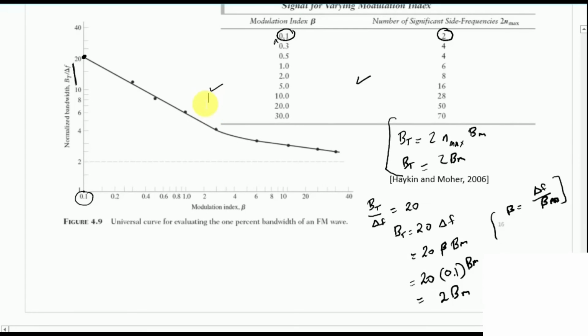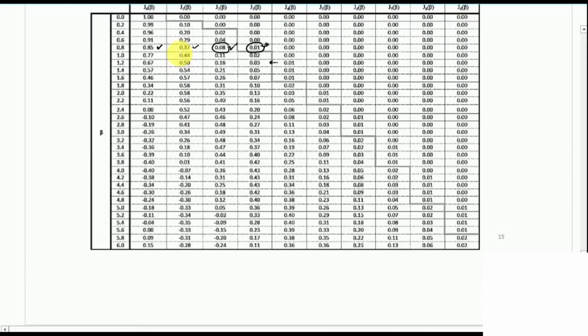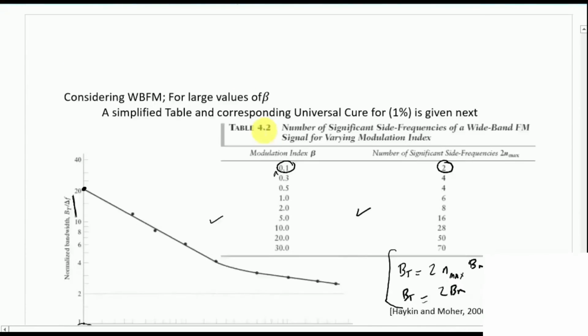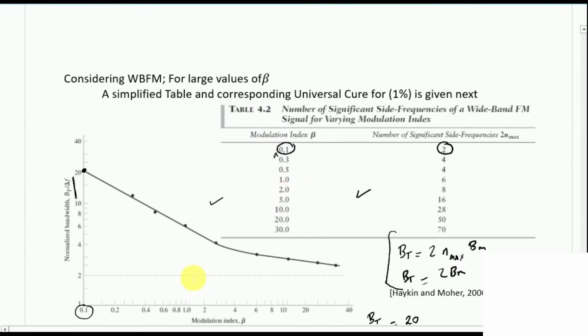Let's pick another value which is available over here, here, and in that table. Let's pick the value of 2, which we have done previously. This is available in this table, and it is available over here, and definitely all the values of beta are available over here.